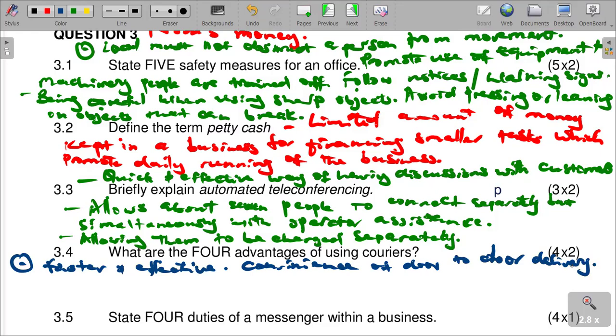Parcels can be delivered at doorsteps. And again, it is very reliable, because addresses and contacts of the people involved are saved there. It is a very reliable service, and it is fast.